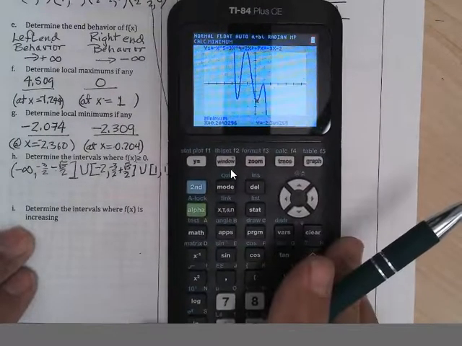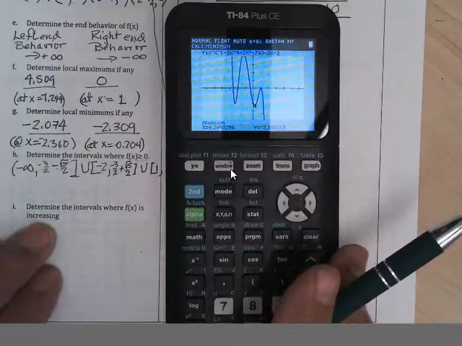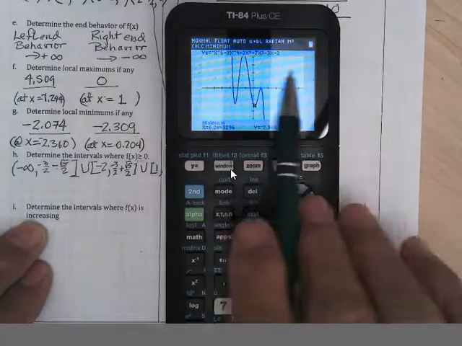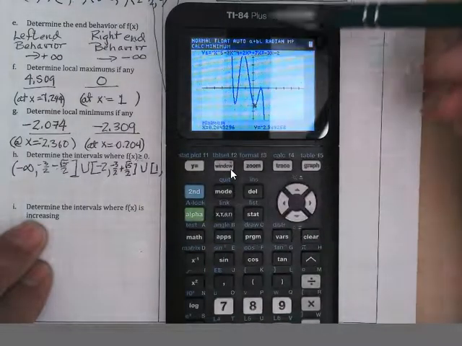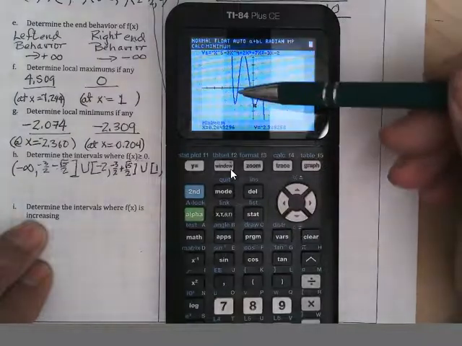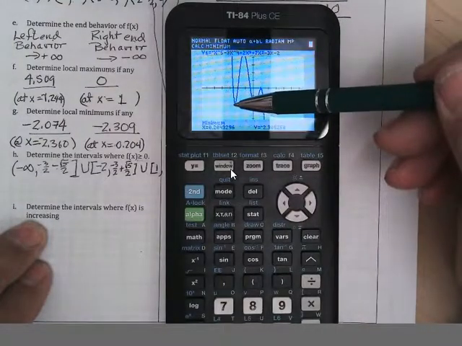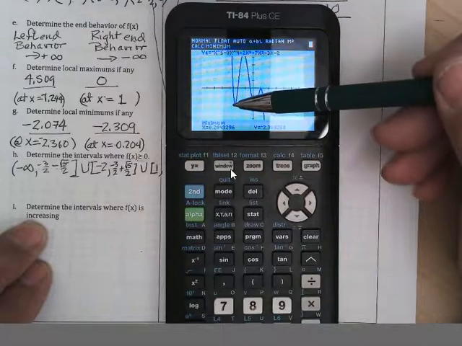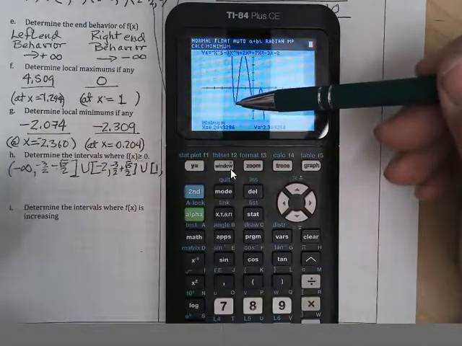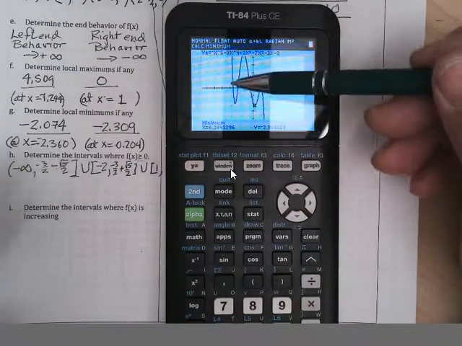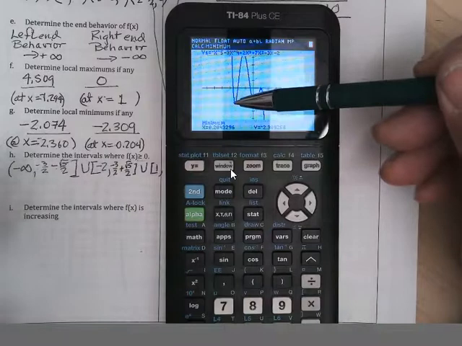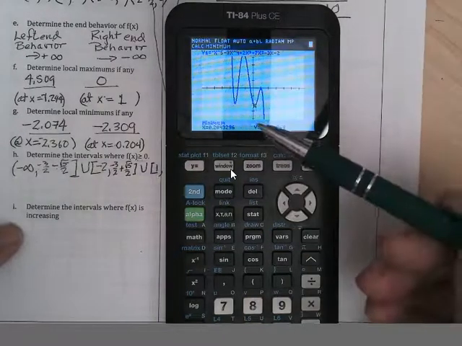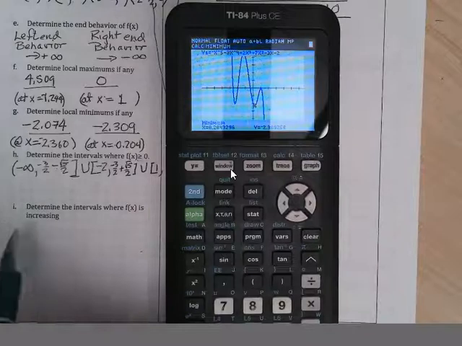Now, again, if I'm doing intervals and want to know when the function is increasing, that means as I go from left to right, it's going up. It's getting higher. It starts where it's the low spot and ends at the high spot. Now, at the low spot, it's changing from decreasing, coming down, to increasing. So I want to start at the low spot, but it's changing there, so I can't include it.